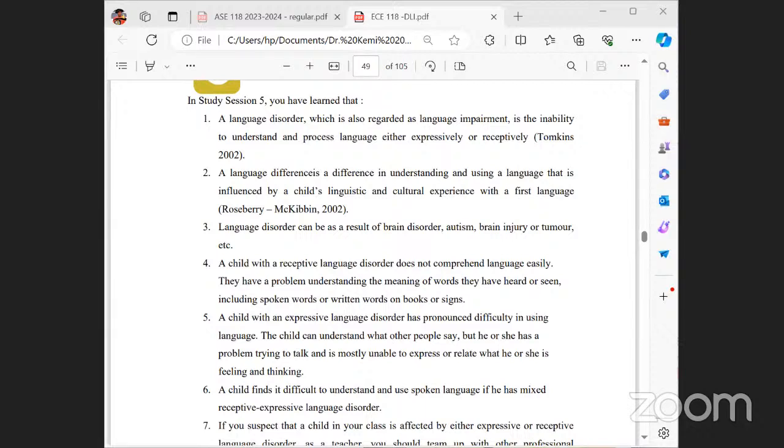So what I was saying is that in my workplace, I do observation. If you have any child with language disorder that is coming for therapy, we notice that most of the teachers don't document what they observe.